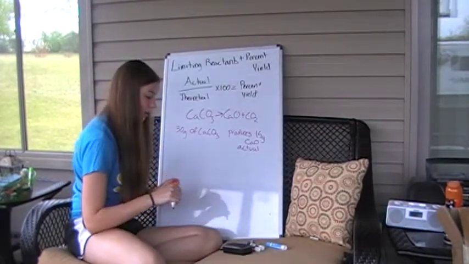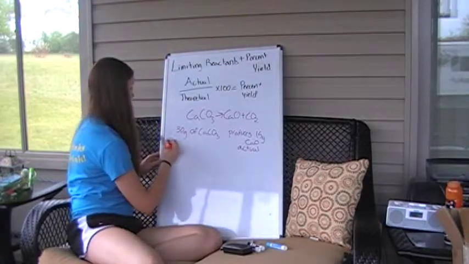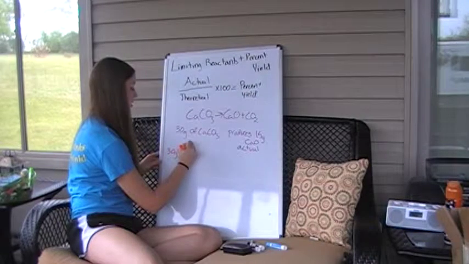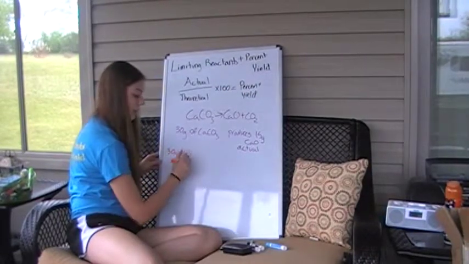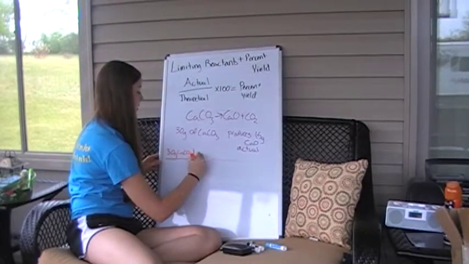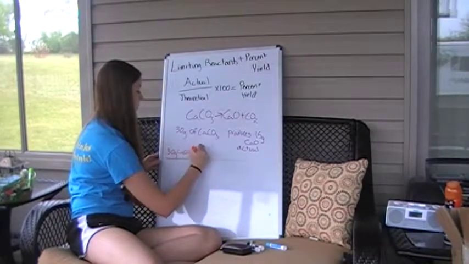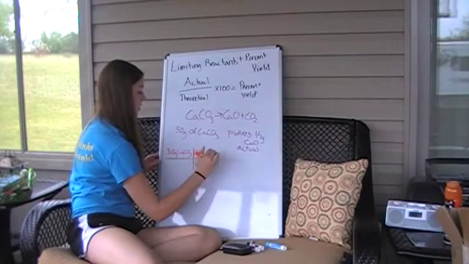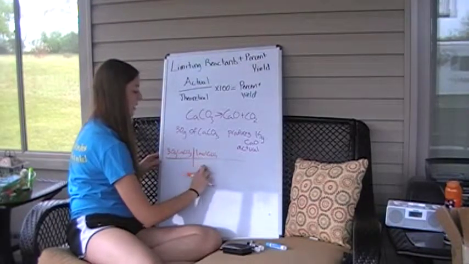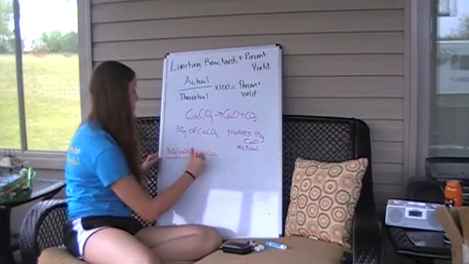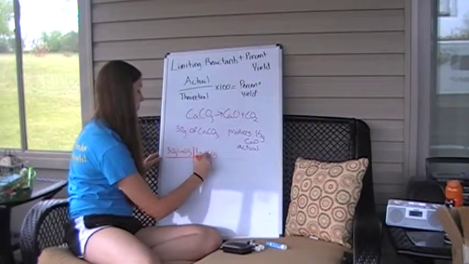So to do that, we take our 30 grams of CaCO3 and convert that to 1 mole. And the mass of CaCO3 is 100 grams approximately.